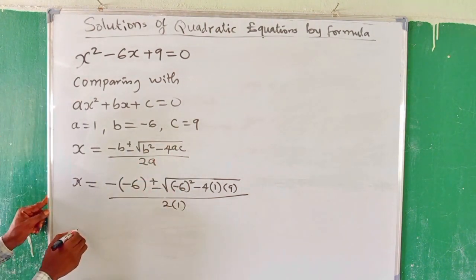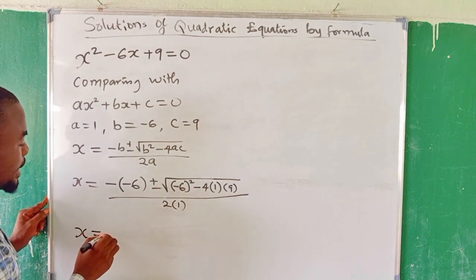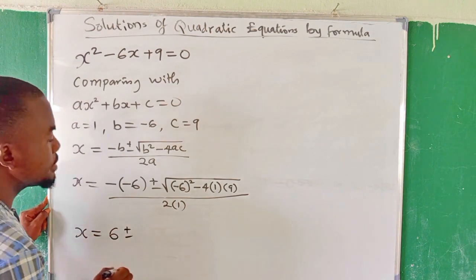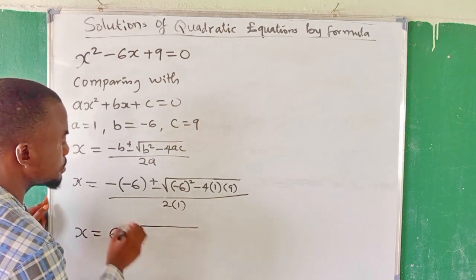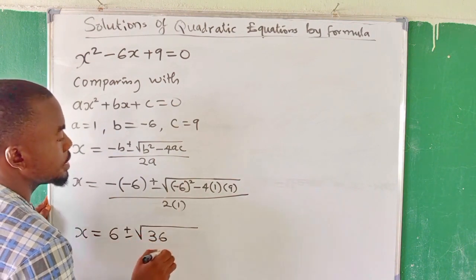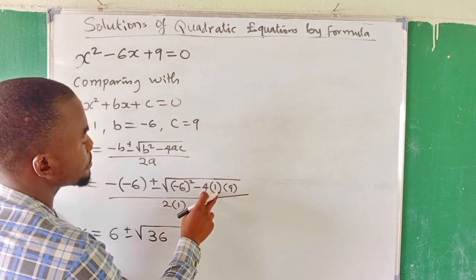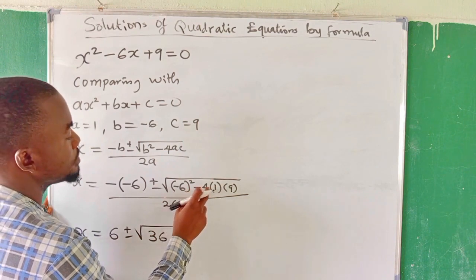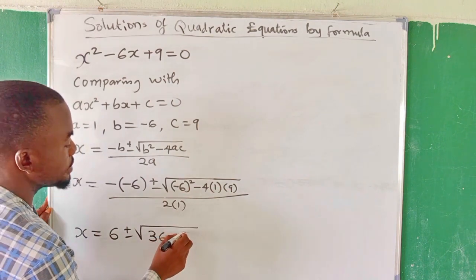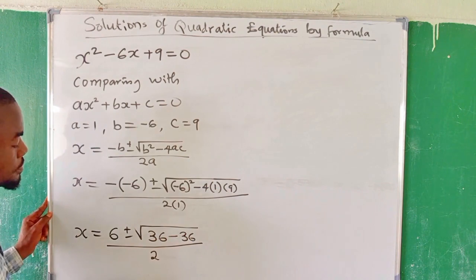Now, let's simplify this. x is equal to minus times minus will give us plus, that is 6 plus or minus square root of minus 6 raised to the power of 2, which is 36, minus 4 times 1 times 9, which is also minus 36, all divided by 2.